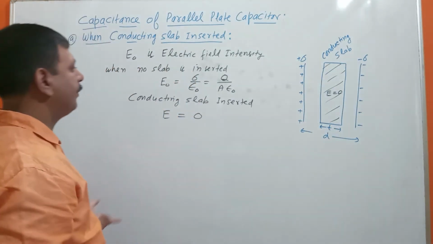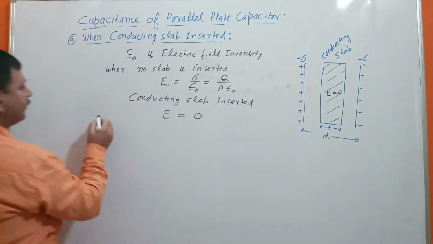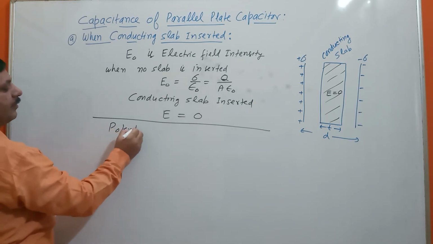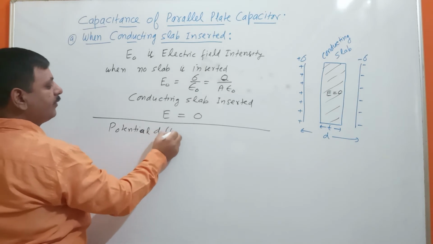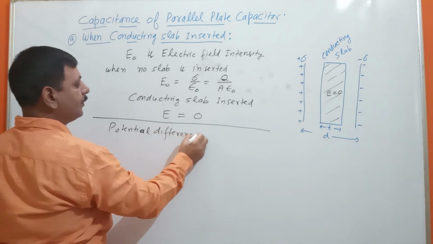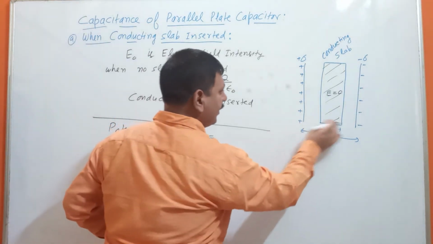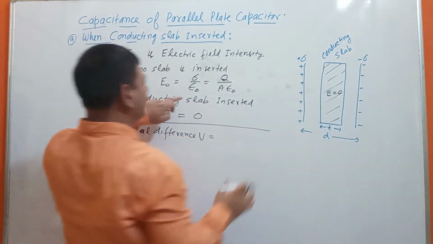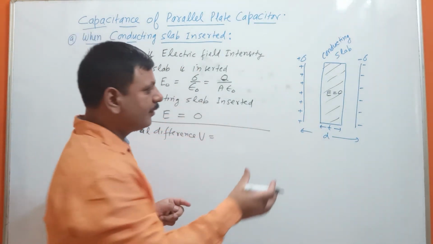So what will be the potential difference between the two plates? The potential difference V is equal to what? The E naught, without the conducting slab, applies over what space?